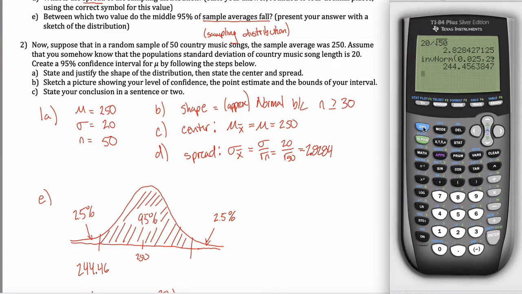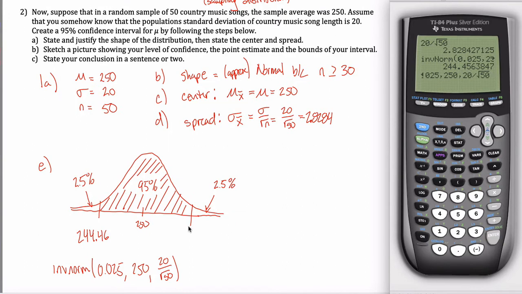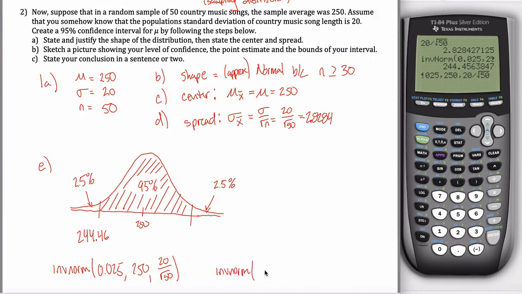Then we're going to do inverse norm again to find this point over here. I'm going to kind of cheat a little bit rather than retype the whole thing in. I'm going to notice that my dog's drinking water in the background. Sorry, that's so loud. The only thing that changes is the area to the left of the point. The center and the spread are still 250 and 20 divided by the square root of 50 respectively.